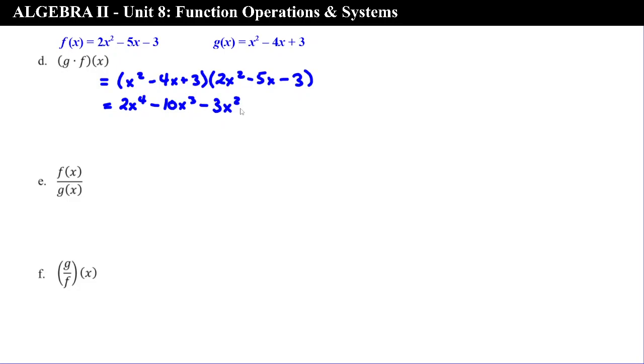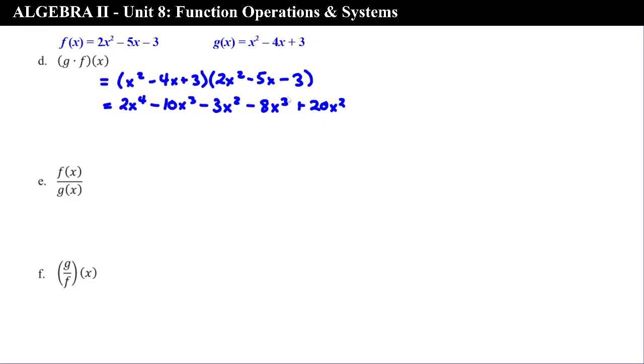Negative 4x times 2x squared gives you negative 8x to the third. Then you have negative 4x times negative 5x, which gives you positive 20x squared. Remember, both of these had x's on it, so that's where you have to be very careful to make sure you don't lose anything along the way.